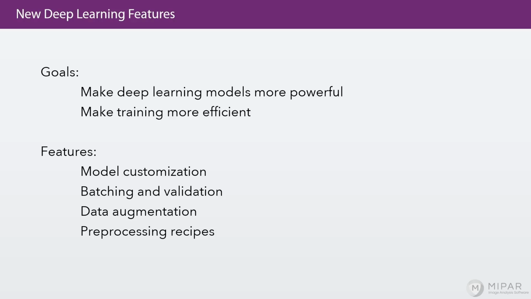How can you make the model more powerful for your use case? We have batching and validation. These are training parameters that can make it go faster, that can give you information about how accurate the model is as it's being trained. We have data augmentation, which helps overcome limitations in the amount of training data you might have. And then we have preprocessing recipes to perform transformations on the image that will make subsequent training more effective.